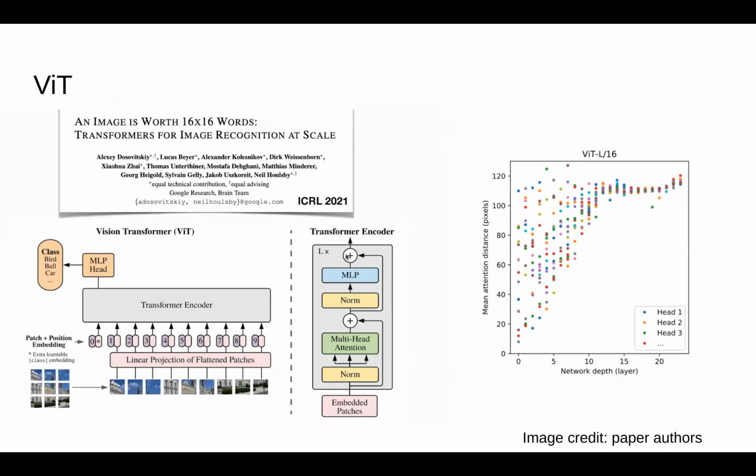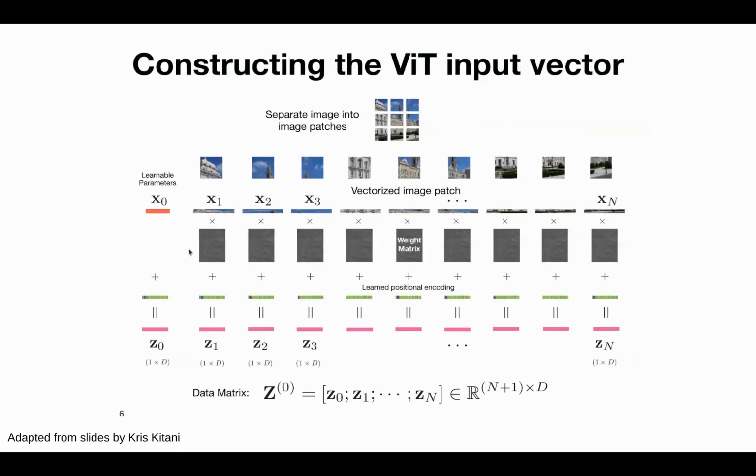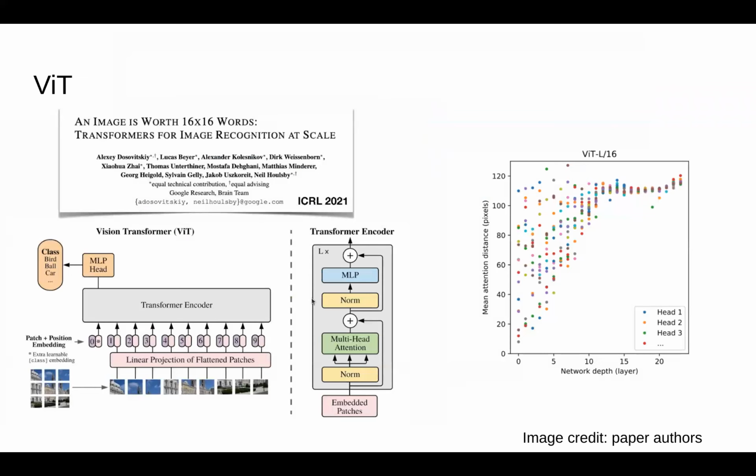And now from the output that you get, you're basically passing something called a CLS token, which you can just think of like the start of sentence token.